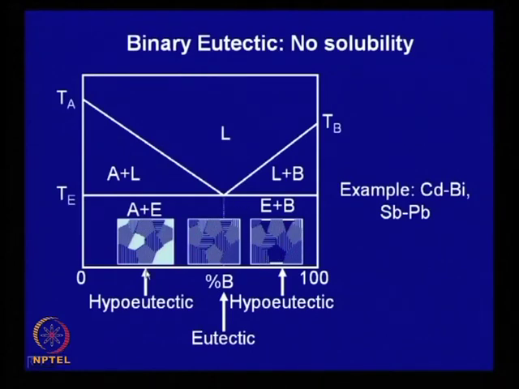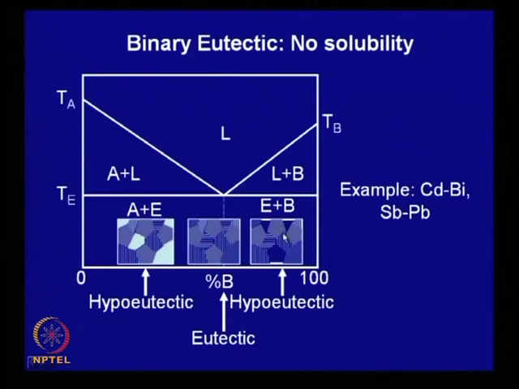In the hypoeutectic alloy you will have primary alpha, that means crystals of A, and eutectic, and in the hypereutectic alloy you will have primary crystals of B and then eutectic.